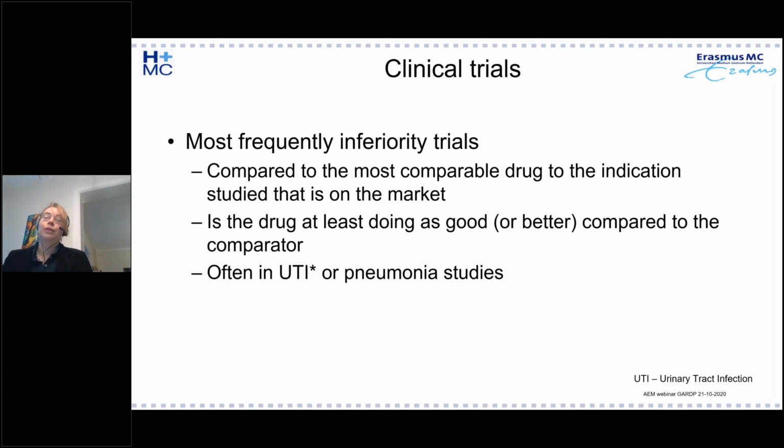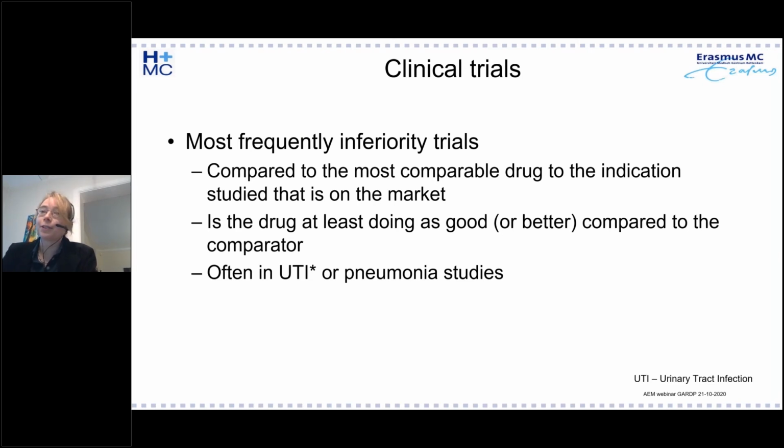So in non-inferiority trials, the dosing regimens are often compared with a comparator drug that's used in the clinic, and they see, well, is it good or is it at least not worse than the drug that we have on the market today? And often that's in UTI infections, urinary tract infections, or pneumonia.